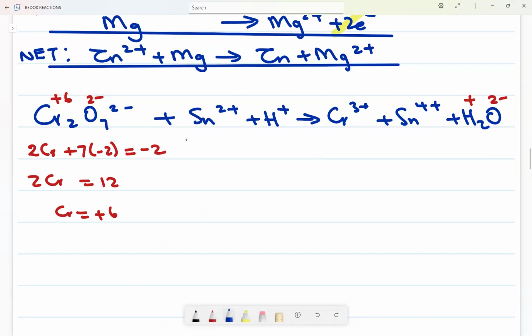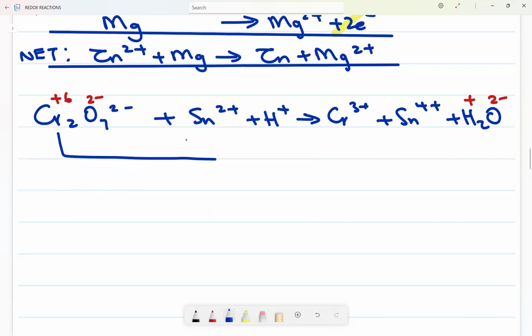So, and then we can now check which one undergoes what. We can see that Cr undergoes a reduction, okay? Cr undergoes reduction. Why am I saying Cr undergoes reduction? Because it is reduced from this one to that one.